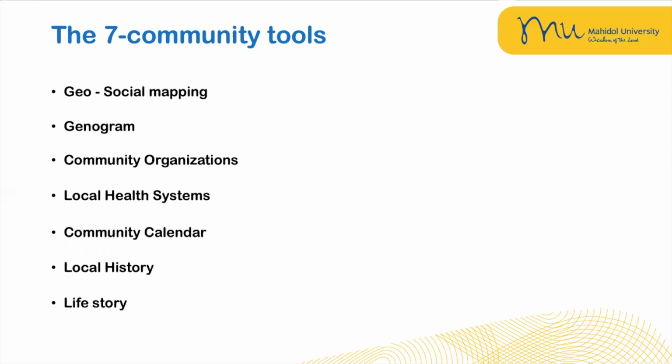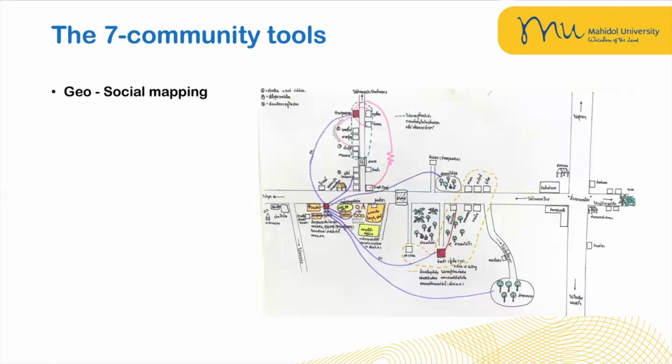First, it is geosocial mapping. As you see from the picture, it can present the location and structure of the area and also show the social activity, which can be described in the map, and also relationships using line symbols.